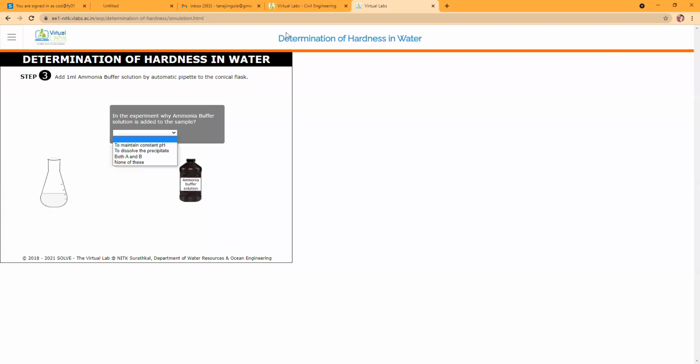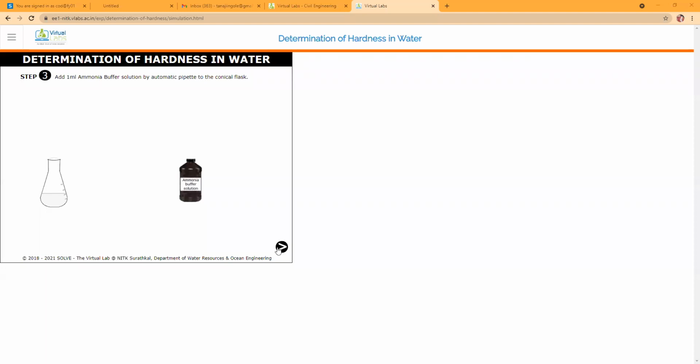Fast, one candidate. Sujal: to maintain constant pH. The answer is correct. Ammonia buffer solution is added to maintain constant pH value.